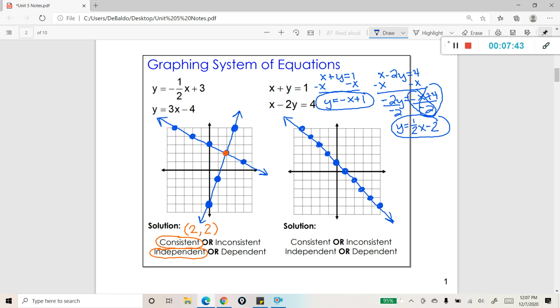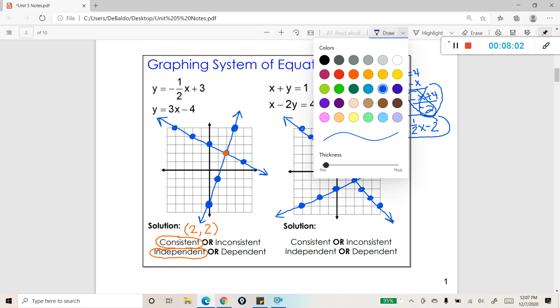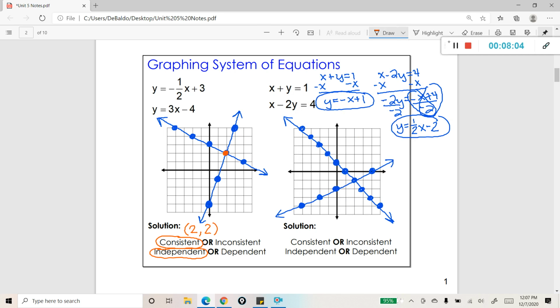Okay, let's draw the second one. I have a y-intercept of -2, and I have a slope of 1/2. So I'm going to continue that pattern with my slope, and then I'm going to connect those points. There we have it. All right, so now that we have done that, let's find the solution.